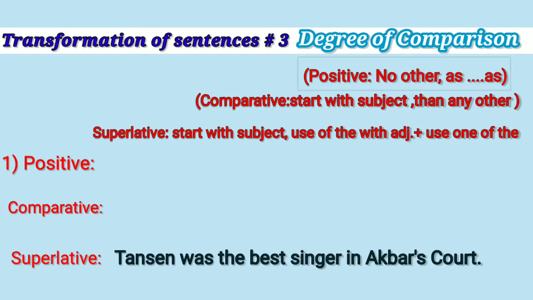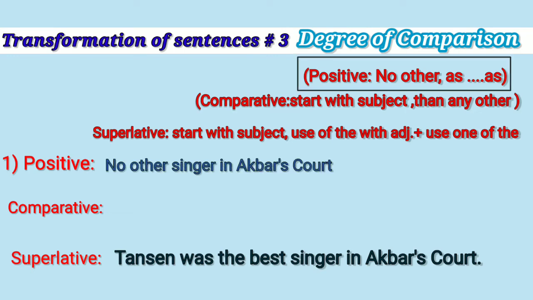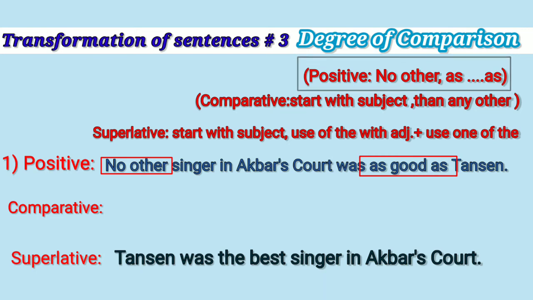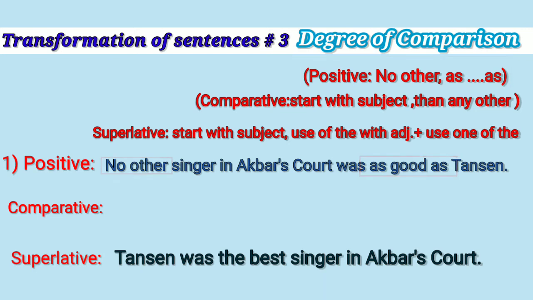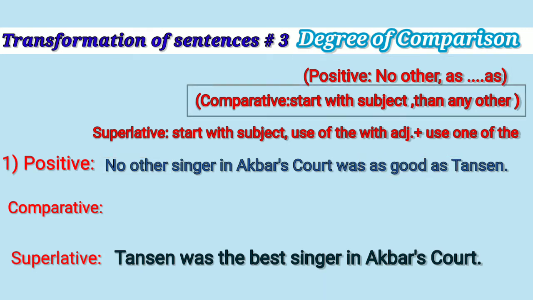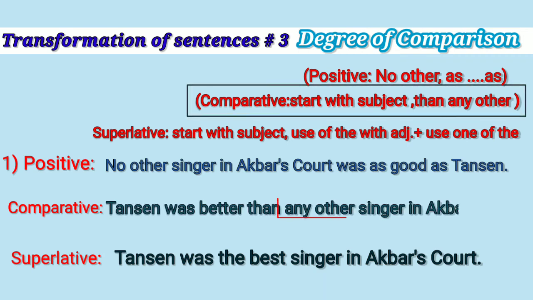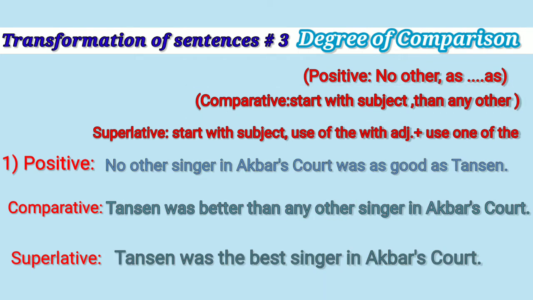So we have no other singer in Akbar's court was as good as Tansen. For comparative degree, we have to start with the subject and we have to use then any other. So our sentence in comparative form will be Tansen was better than any other singer in Akbar's court.